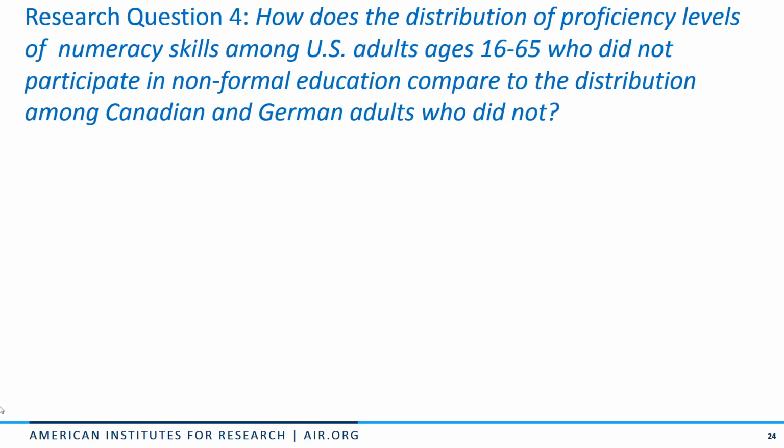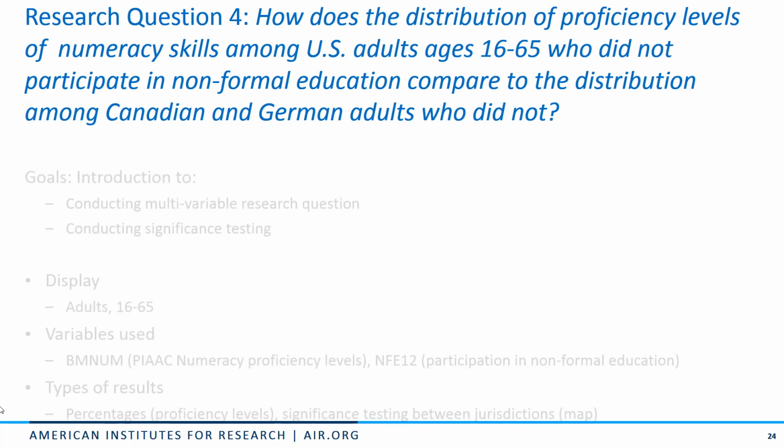Now that you have seen a few examples of basic analyses and how to display results in the IDE, we will begin to show you some more complex analysis and additional features of the IDE. This next question is focused on finding: how does the distribution of proficiency levels of numeracy skills among U.S. adults ages 16 through 65 who did not participate in non-formal education compare to the distribution among Canadian and German adults who did not?